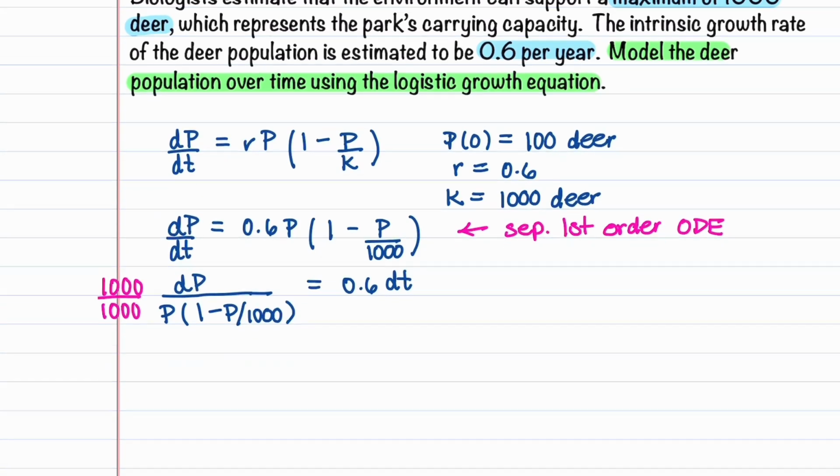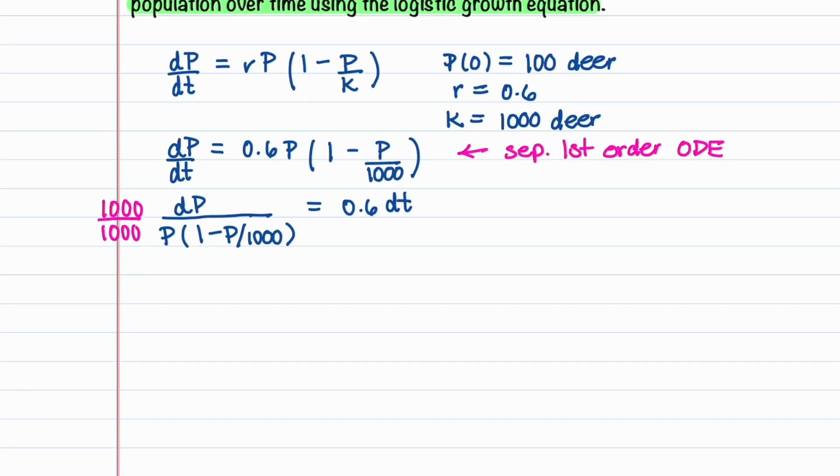That will get rid of our fraction. This gives us 1,000 dp, all divided by p times 1,000 minus p. And that's a lot easier to work with. And then our right-hand side stays the same. We can solve this by integrating both sides.